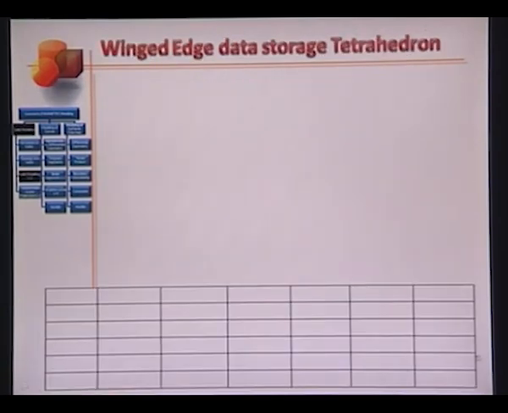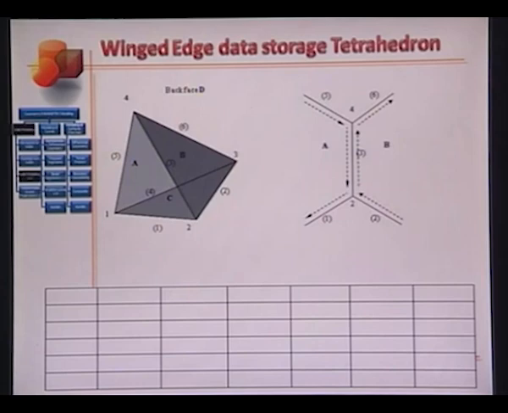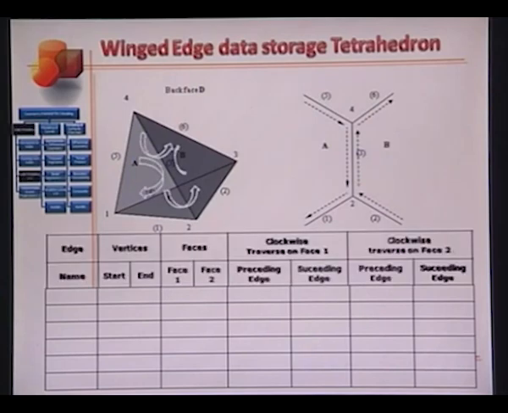Let's now see how the winged edge data structure works in case of a tetrahedron. These are the pictures from the previous slide. As I mentioned earlier, the winged edge structure uses edges as basis to record topological connectivity. In the first column, therefore, we have the edge number as the reference.